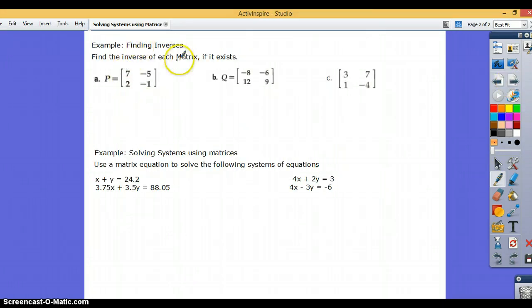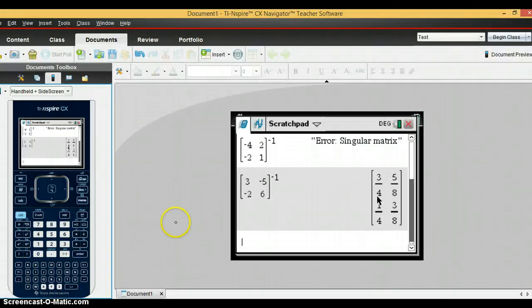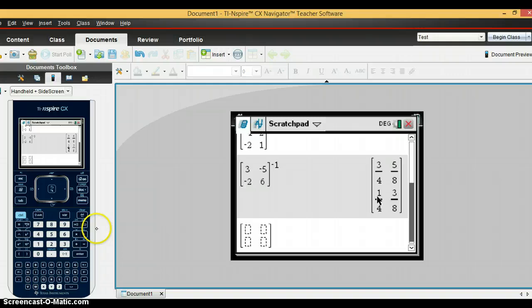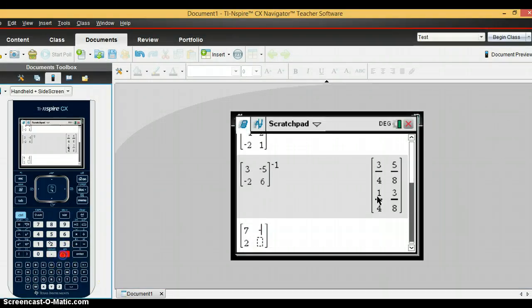Alright, so finding inverses. We just did that. So you take this and you raise it to the negative 1. So, alright, we come back to our calculator. Again, we're dealing with a 2 by 2. So we have 7. Below that we have 2. Over here we have negative 5. And below that we have negative 1.